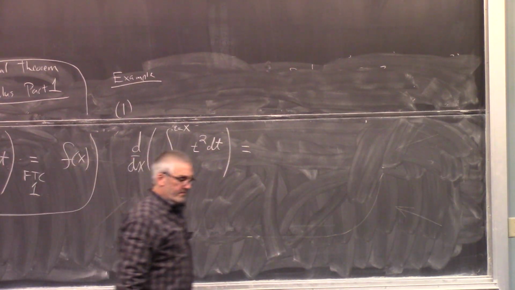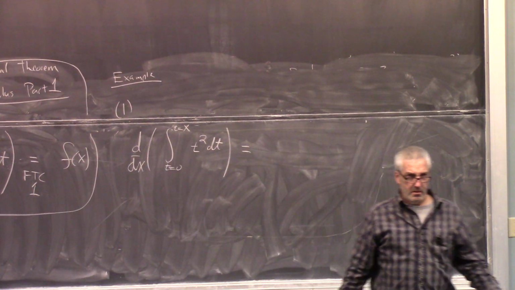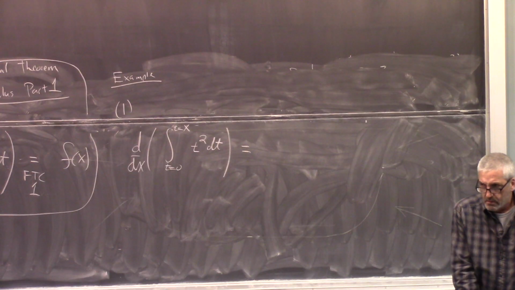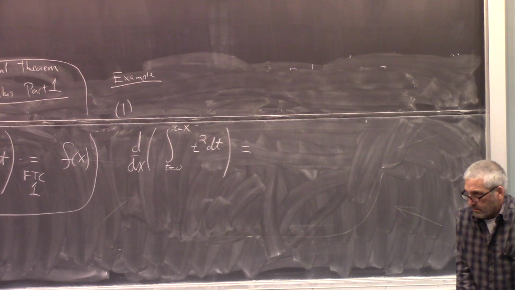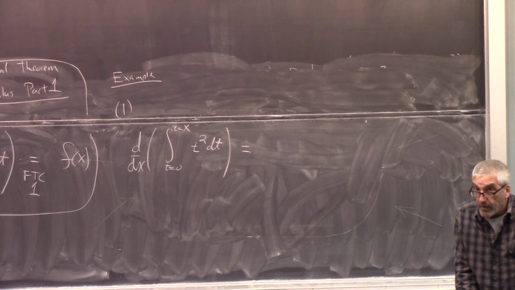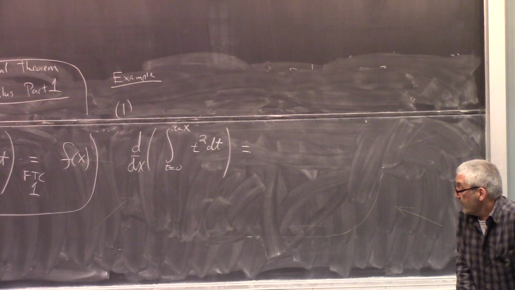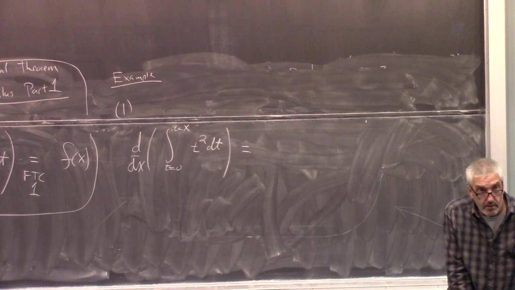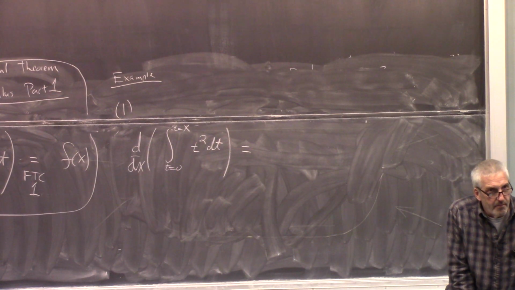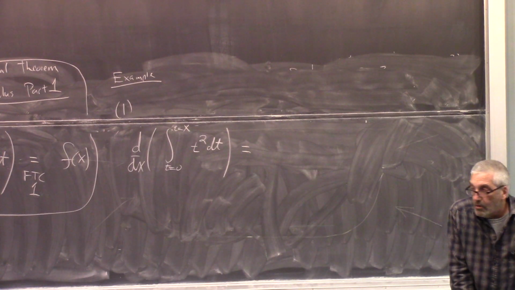What is that derivative? It's 2t? No, it's not. That would be the derivative of t squared. Is it dq over 2? No.